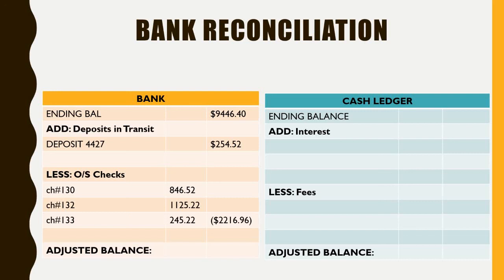Okay? So here we started with $9,446. We're going to add $254, and we're going to subtract out $2,216, and we now get a total here of $7,483.96. That's my bank account right there.